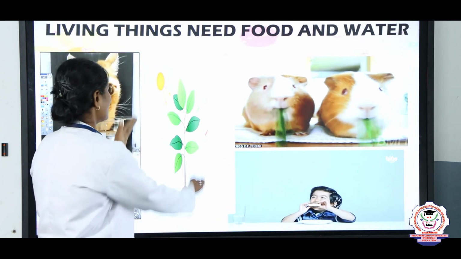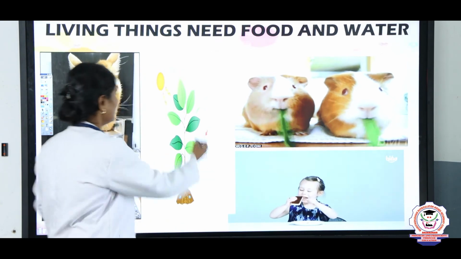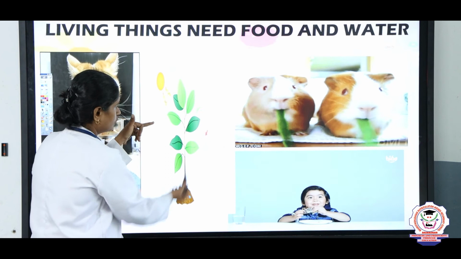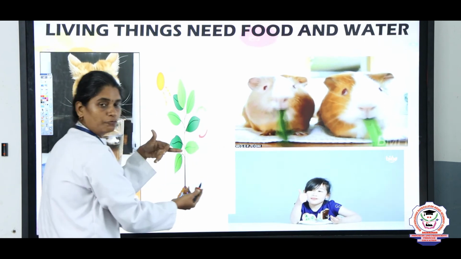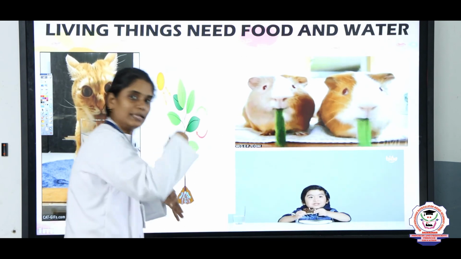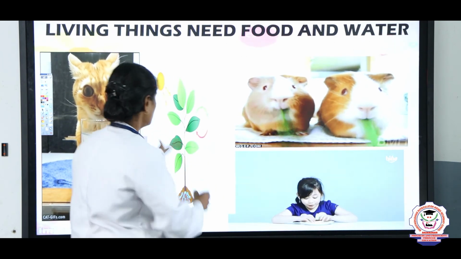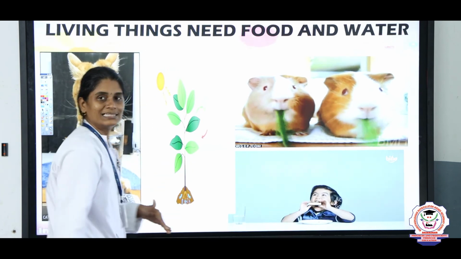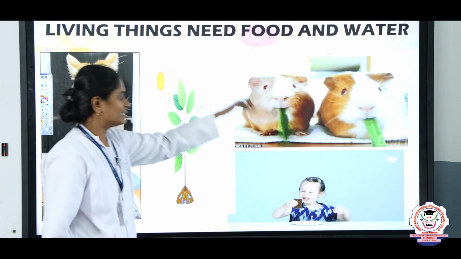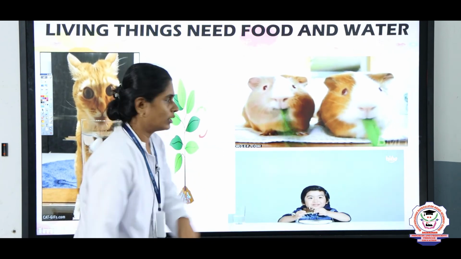Likewise, the leaves of the plants, with the help of sunlight, air and water, prepare their own food and store the food inside the parts of the plant, right. So, living things need food and water.